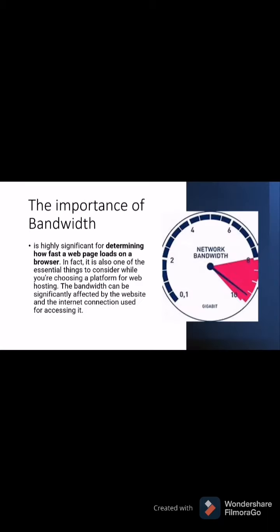So what is the importance of bandwidth? Bandwidth is highly significant for determining how fast a web page loads on a browser. In fact, it is also one of the essential things to consider while choosing a platform for web hosting. The bandwidth can be significantly affected by the website and the internet connection used for accessing it.